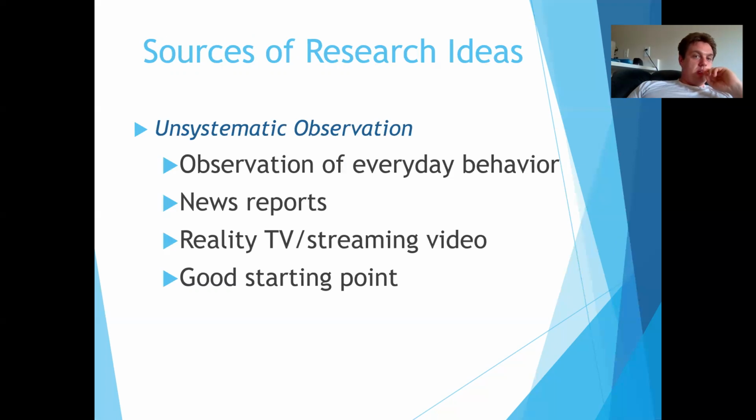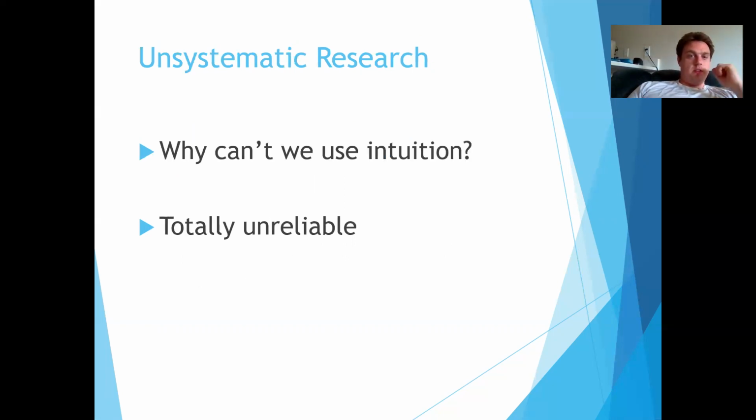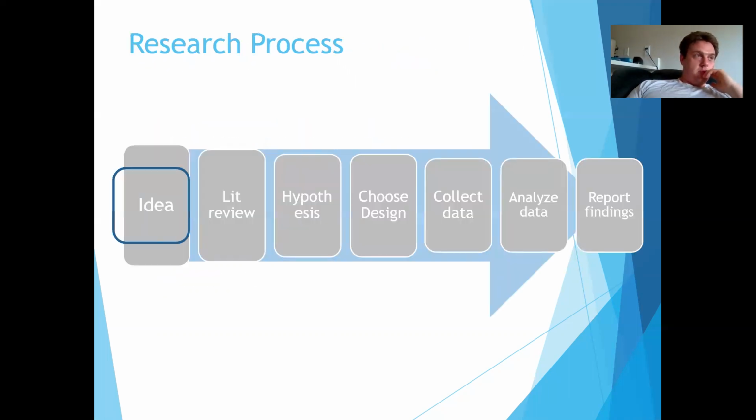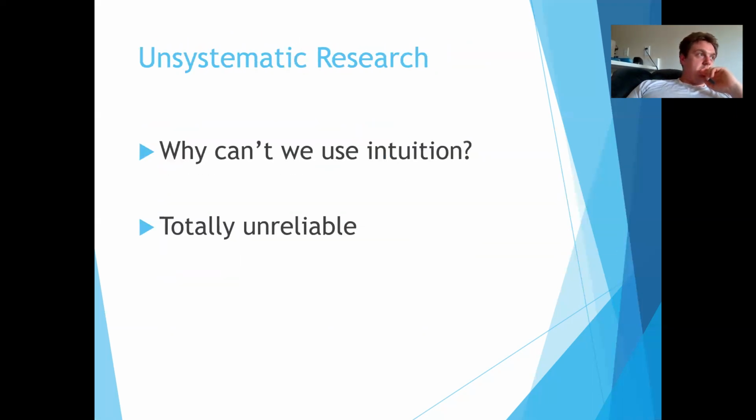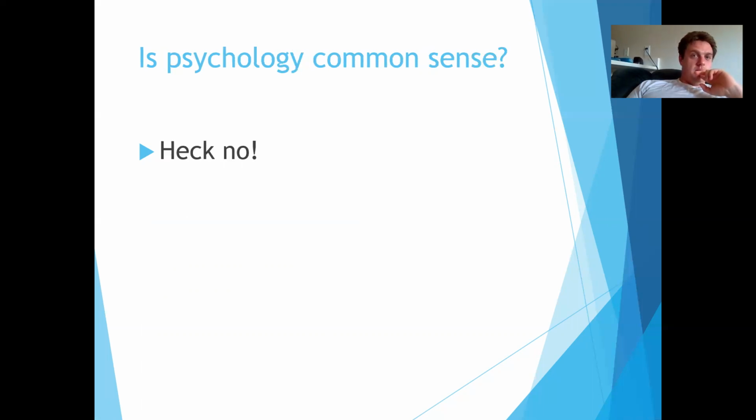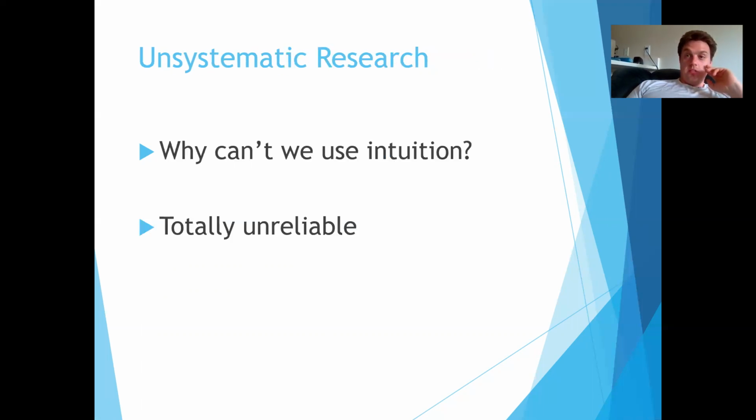It's fine to have an idea from an unsystematic, unscientific method, but beyond that, we need to translate it into objective, empirical evidence, a testable situation. And on the subject, why do you think we can't use intuition? Why can't we stick with the idea phase and just write a paper based on that? Well, because our intuitions are very unreliable and often mistaken. My undergraduate supervisor used to say, people really suck at observing their own cognition.